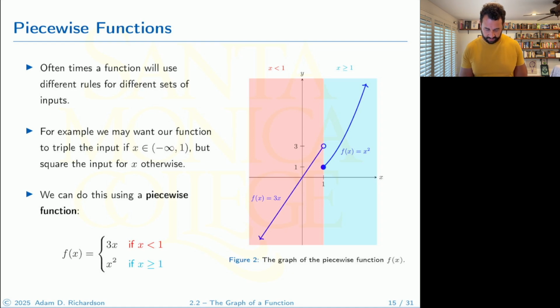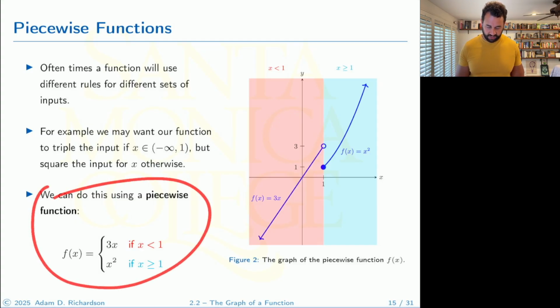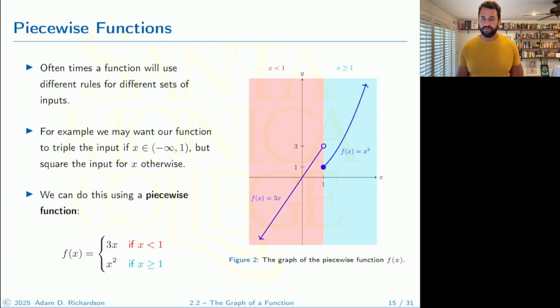For example, we may want our function to triple the input when x is between negative infinity and 1, maybe just triple everything. But then we might want it to square the input otherwise. And that gives us a piecewise function or a piecewise defined function.